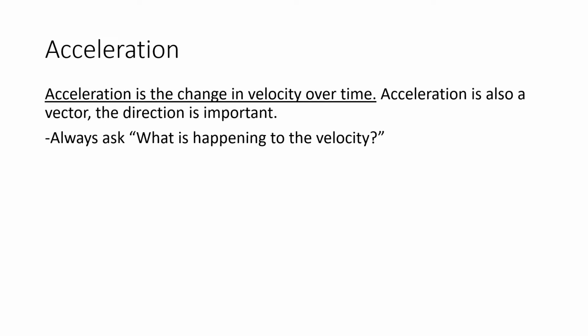So, velocity is the object's movement or change in position. Right now, it's going that way. Positive. For you guys, that's negative. I'm just going to write this on the board. We're always going to consider things moving to the right as positive, things moving to the left as negative.